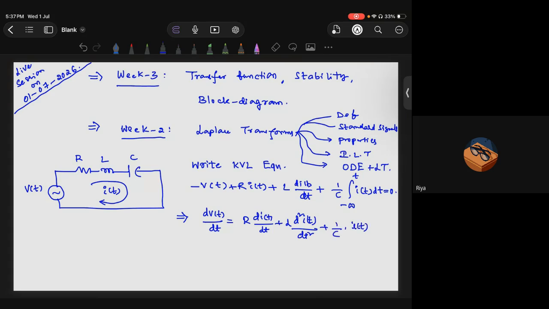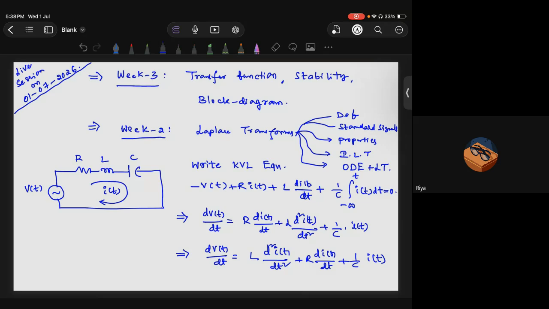Putting it in order: dv of t by dt equal to L d square I of t by dt square plus R di of t by dt plus 1 by C I of t. Correct?